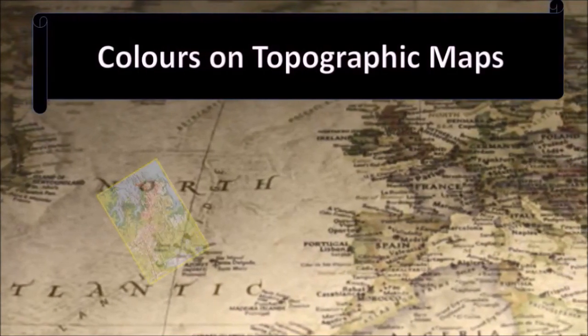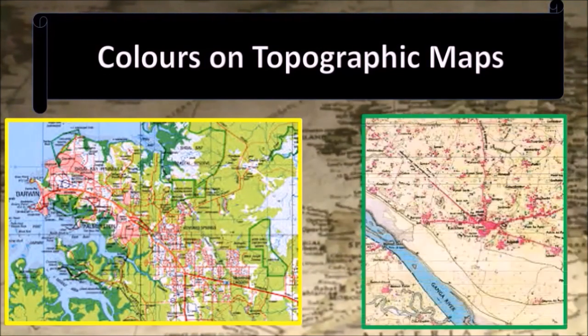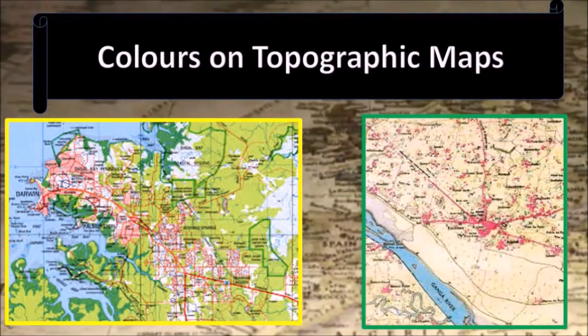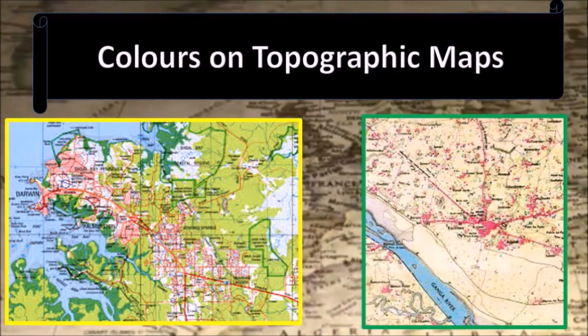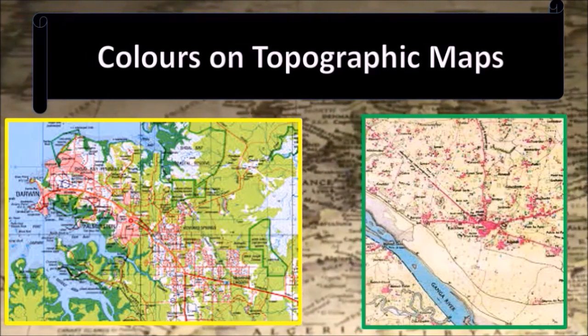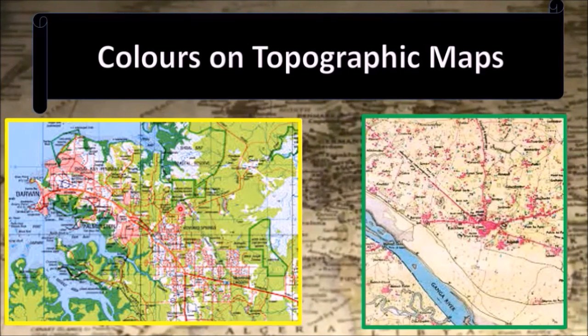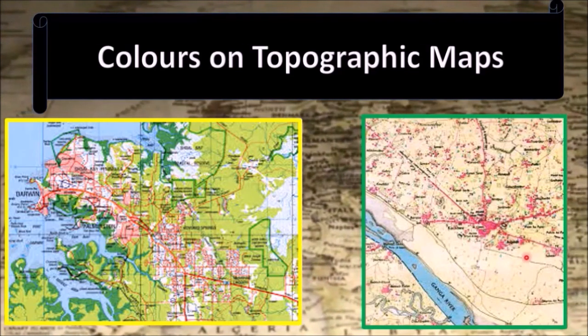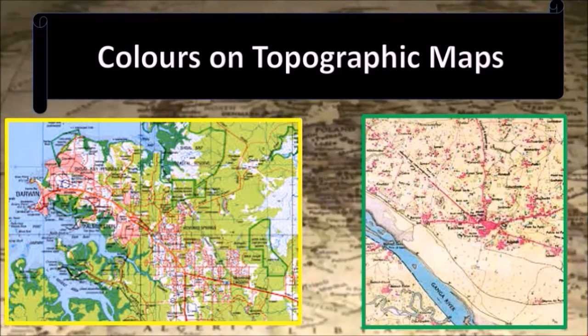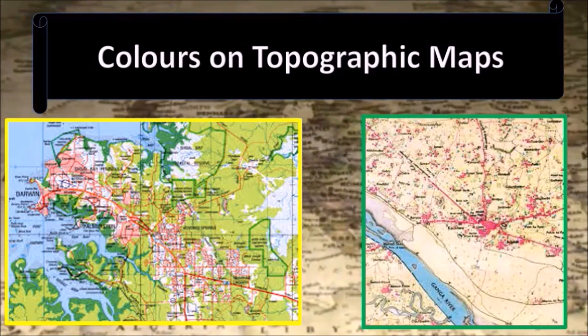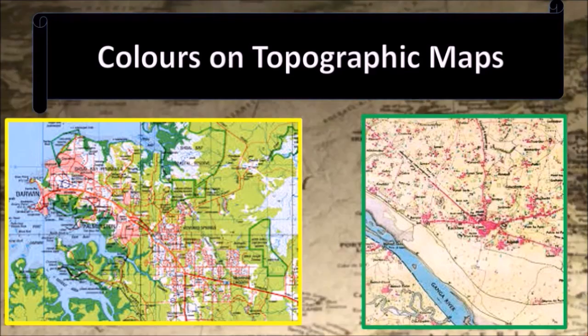Colors on topographic maps. Several natural and some man-made features are represented by colors on topographic maps. Use of colors on the topographical sheets. Many colors are used on a topographical sheet to represent certain physical, economic, or cultural features.